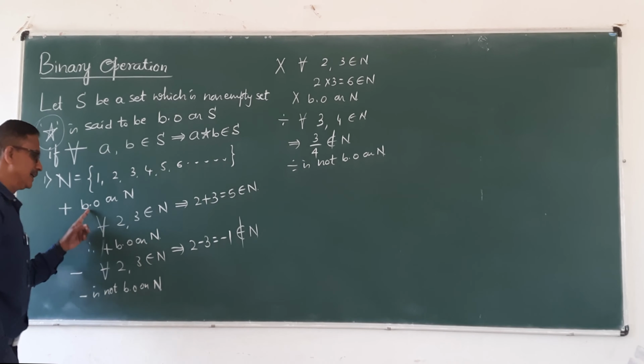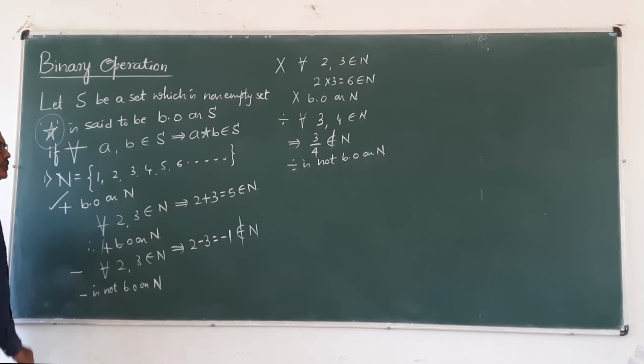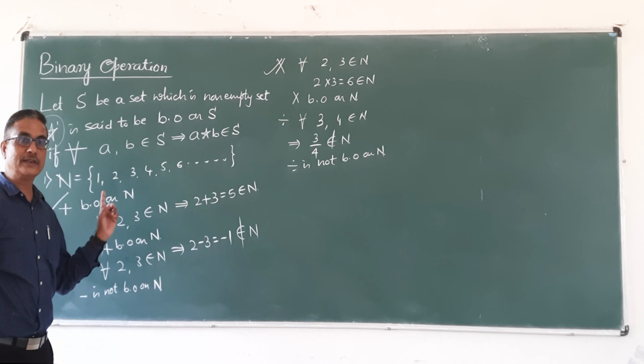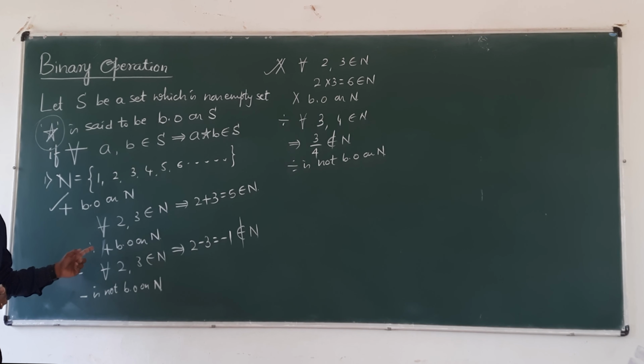So on the set of natural number, only addition and multiplication are binary operation, whereas subtraction and division are not binary operation on the set of natural number.